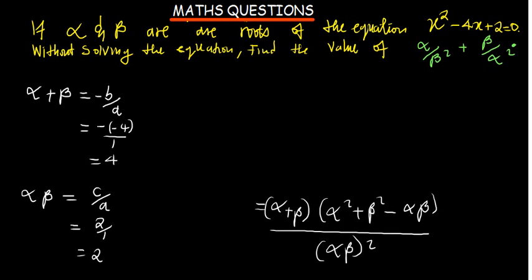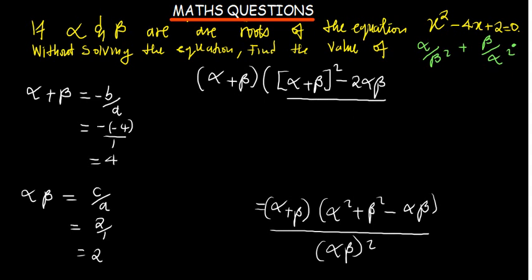So that is going to give you alpha plus beta. Every time you have got alpha squared plus beta squared, you need to know that you can write this as alpha plus beta, you square this and then minus 2 alpha beta. So alpha squared plus beta squared is the same as alpha plus beta squared minus 2 alpha beta.